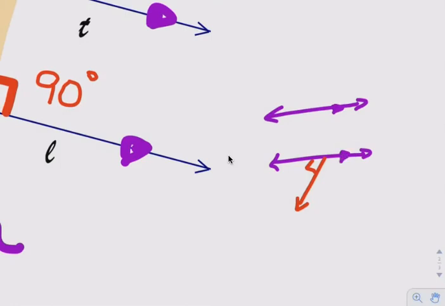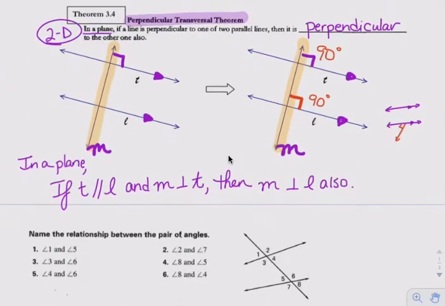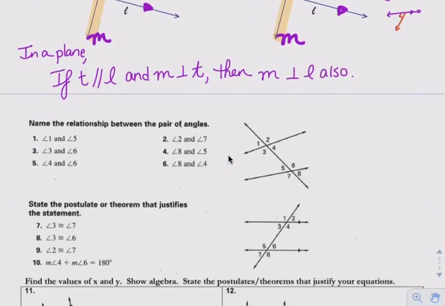It wouldn't be parallel to it. It's sort of hard to demonstrate that without being able to show you in 3 dimensions. But again, this theorem is not true if you're not restricted to a plane.